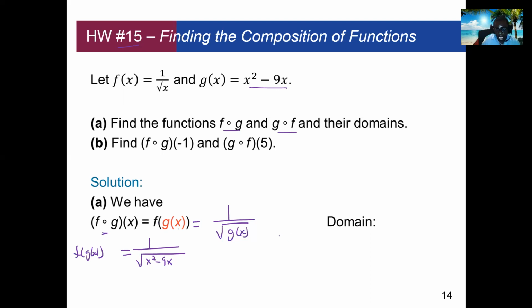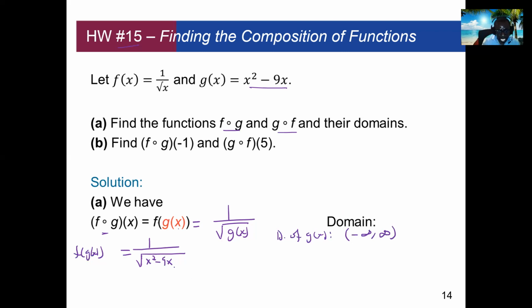First, what's the domain of g? So let's do domain. Let's use D for domain. Domain of what? The g, the inside function or the inner function, g. We know that this is what? All real numbers. Okay, because this is a polynomial function, so it's all real numbers.